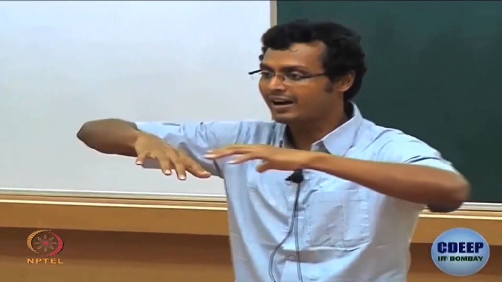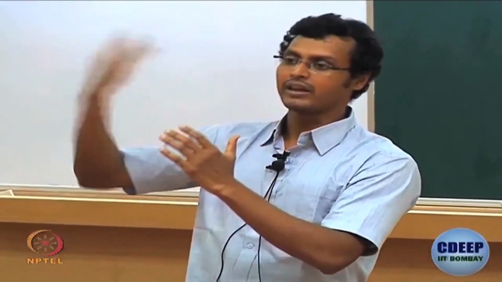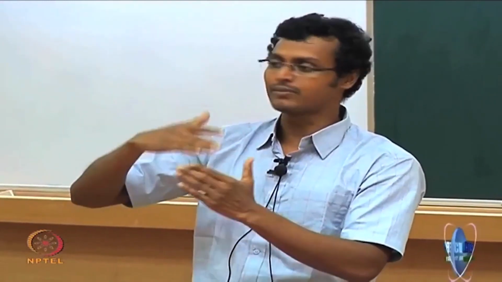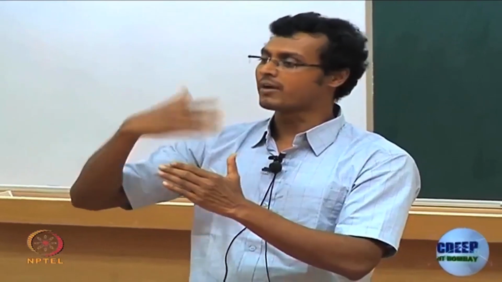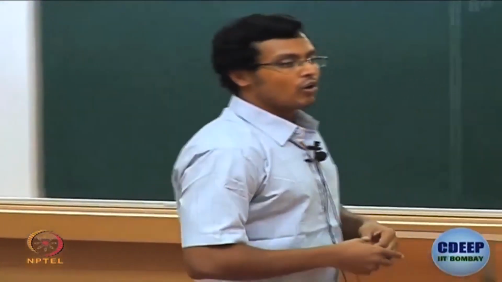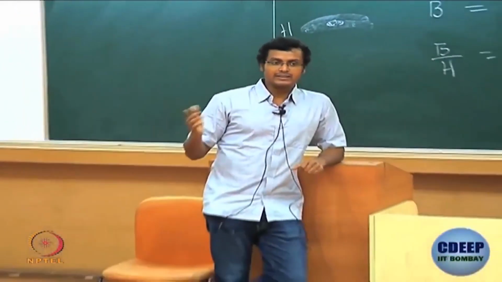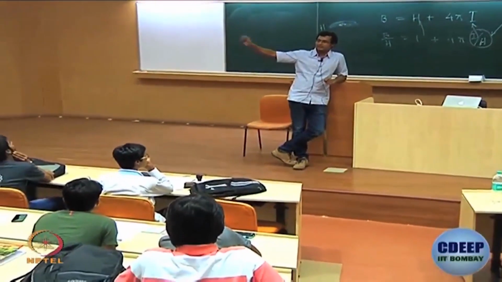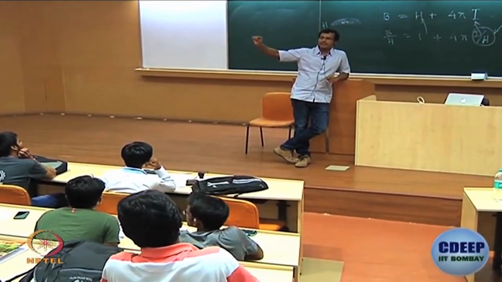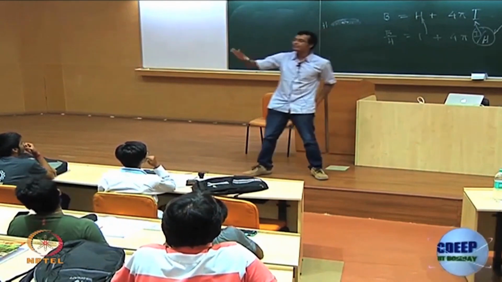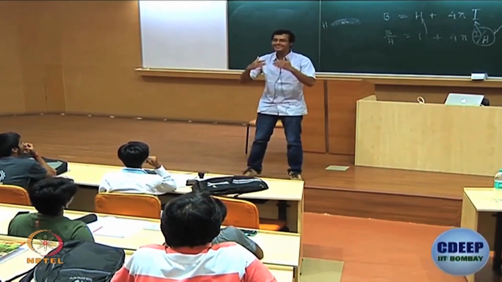Wherever you see lanthanides, cerium, praseodymium, samarium, gadolinium, whatever it is, all 14 of them, in all of those cases the f electrons are buried inside.